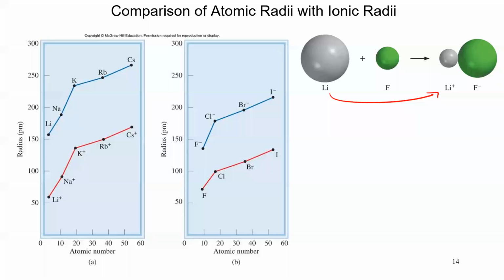Which makes that radius a bit larger. So positive ions get smaller because they lose their valence electrons.